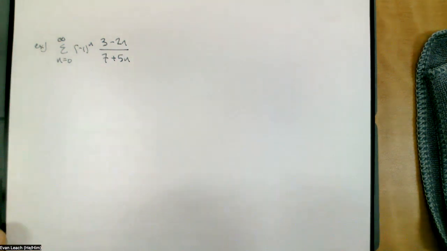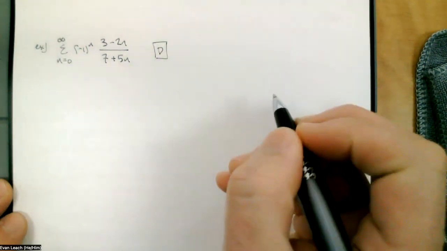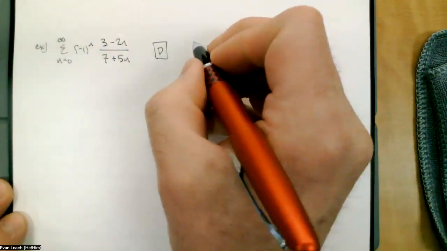So the problem here is that the limit of the terms does not exist. Therefore, the series diverges. So we notice right away this series diverges because the limit of the terms is not 0.